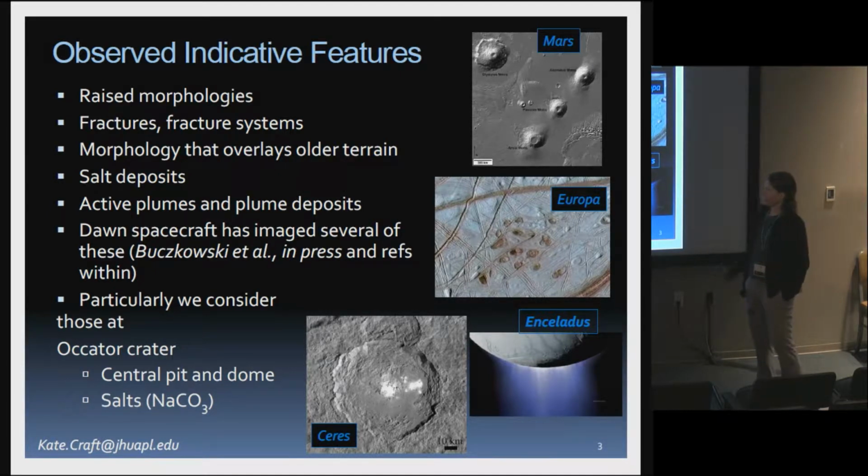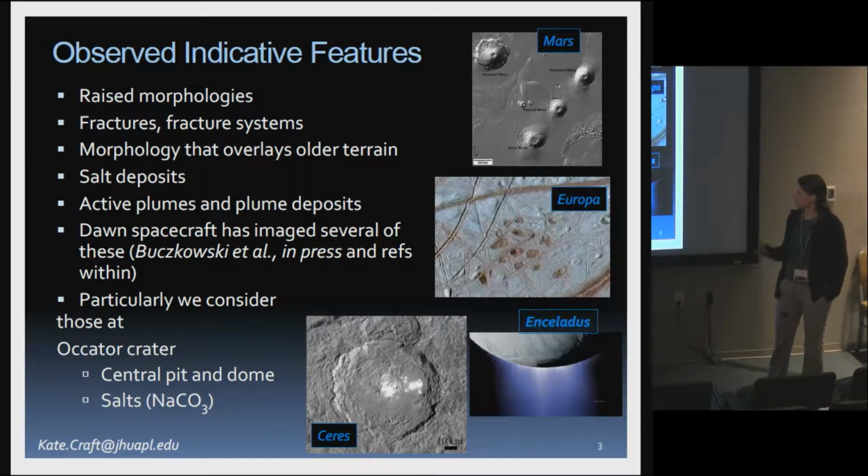We see features that indicate this: raised morphologies, fractures and fracture systems, morphology that overlays older terrain, salt deposits. We see active plumes and plume deposits. And then the Dawn spacecraft has imaged several of these on Ceres.